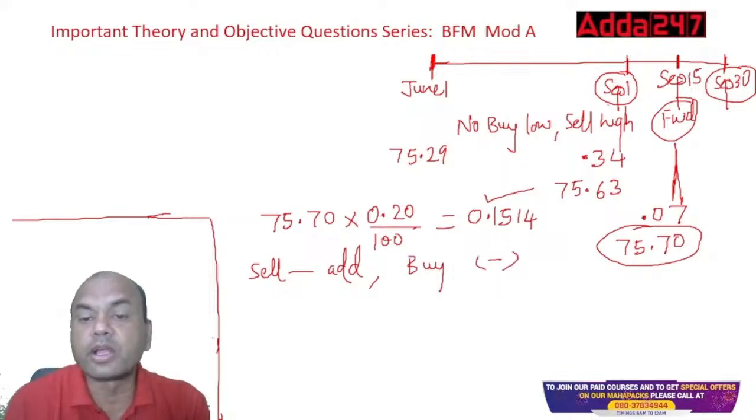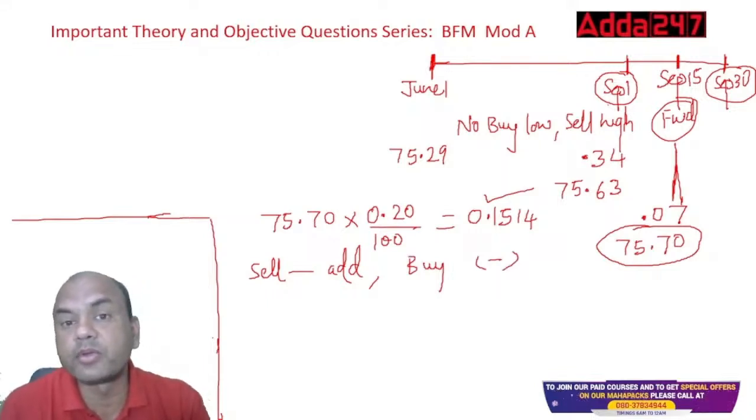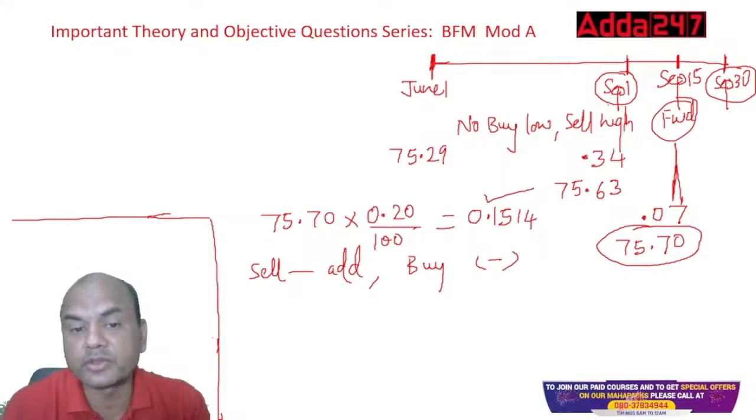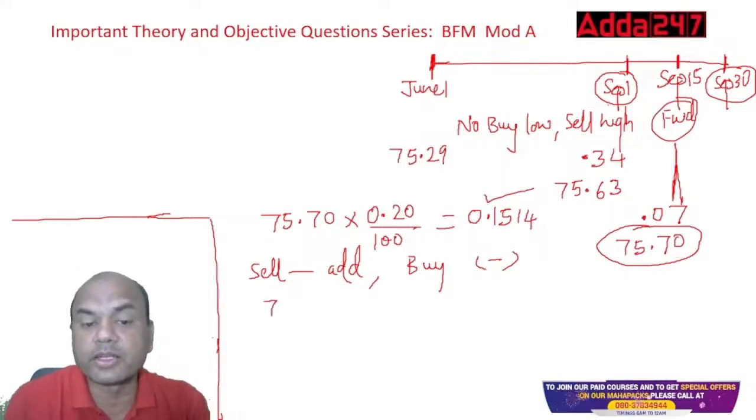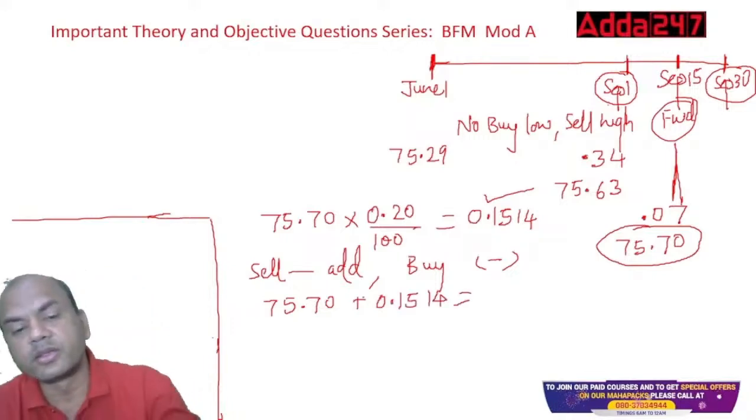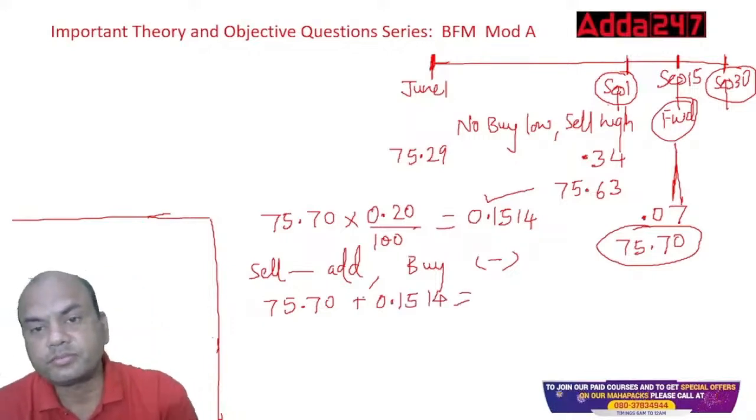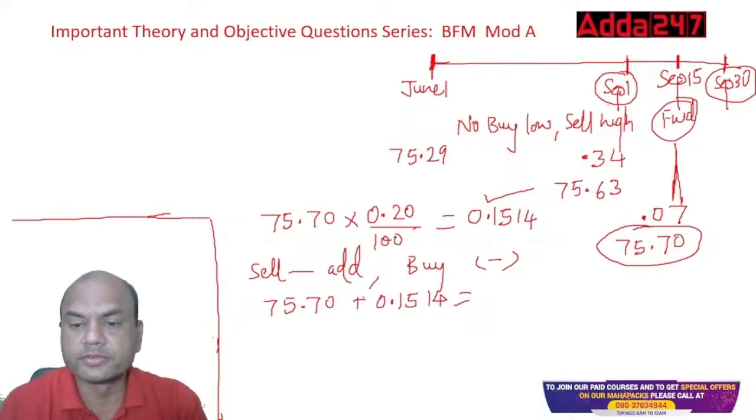Okay. So now what am I doing? I am doing the import transaction, means selling. So I'll add this. What will be my final rate now? 75.70 plus 0.1514. So what is the answer you are getting? Add it. So let me see the answer from your side.